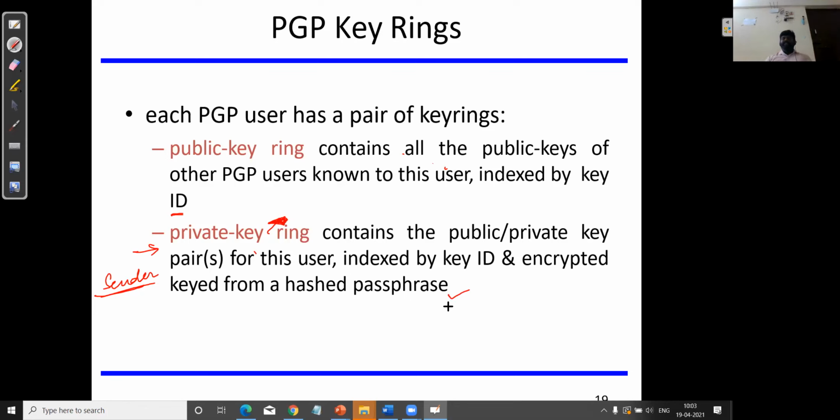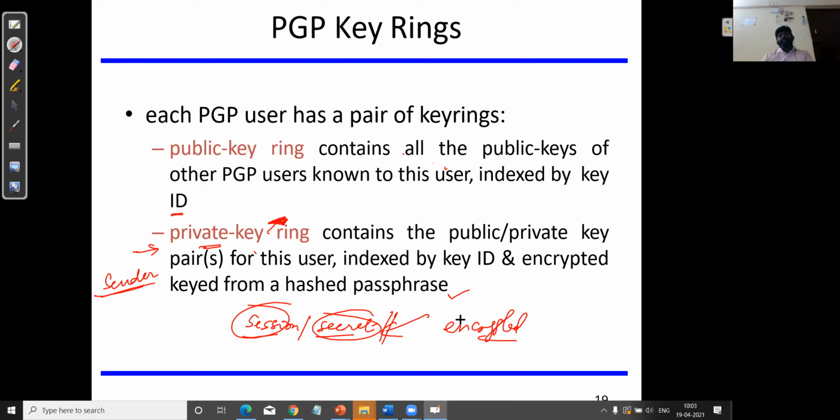Suppose the user maintains any other key, such as a session key or any other secret key, which is to be considered a private key. That session key or secret key is stored in the form of encrypted versions.